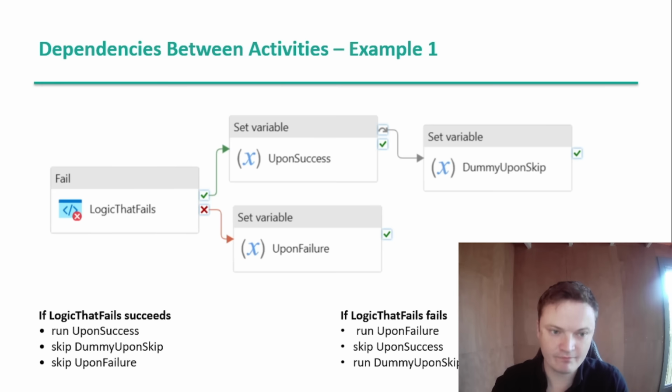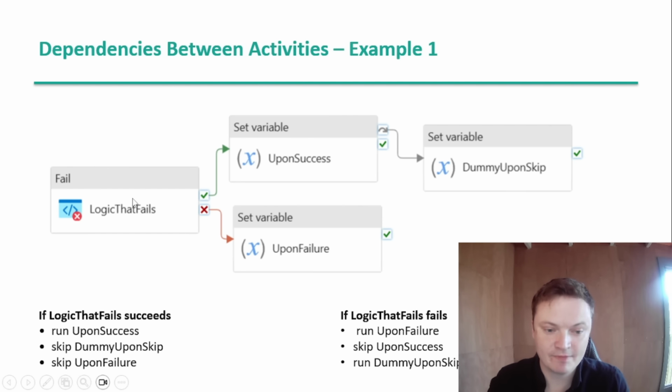We will now look at an example of dependencies between activities. In this example, you can see that the first activity, logic that fails, has 2 different dependency conditions. One is what happens if it succeeds, and one is what happens if it fails. So we'll look at the success path first. If activity 1 succeeds, it'll follow the green arrow up to onSuccess.